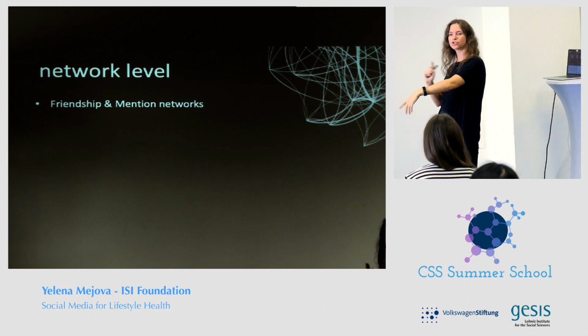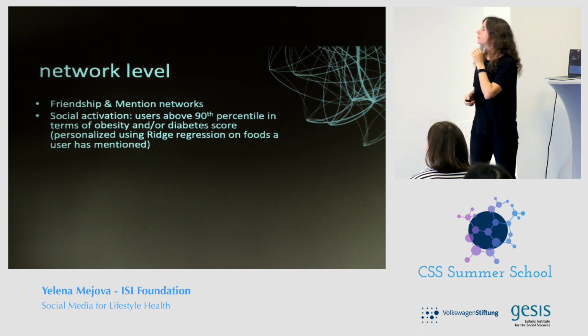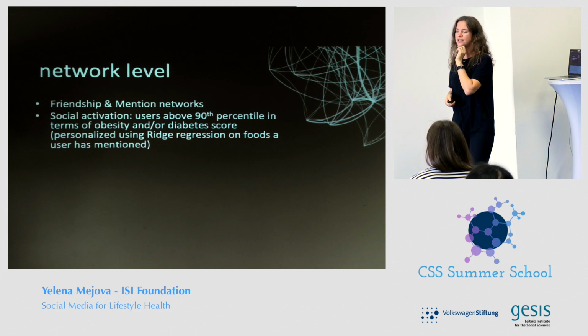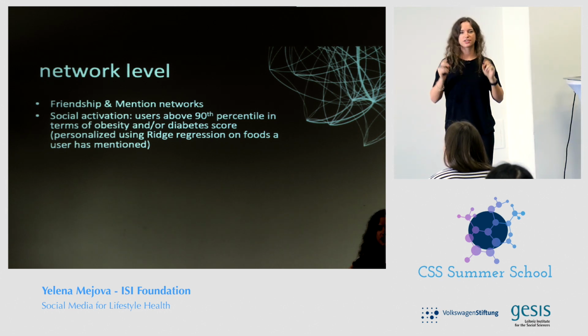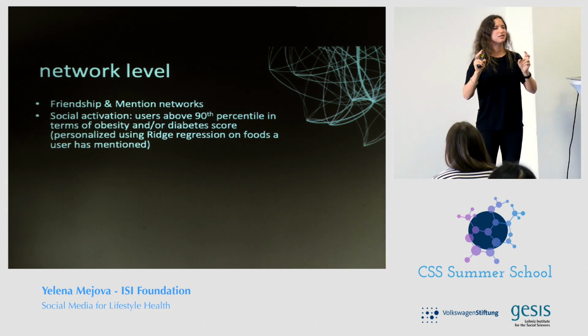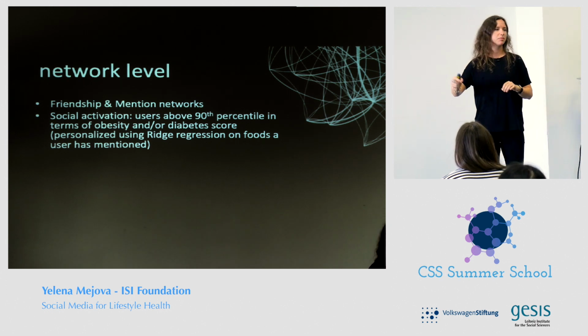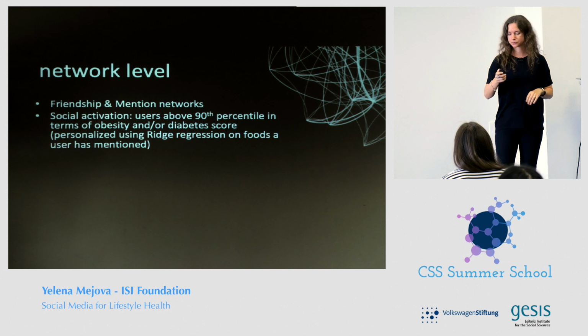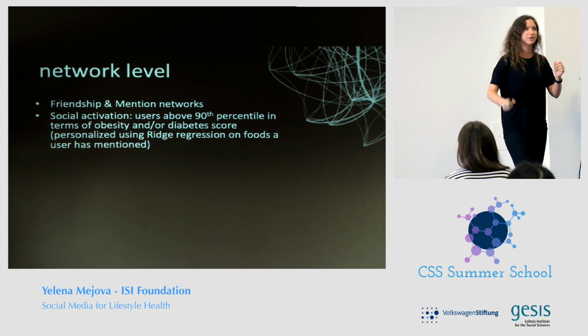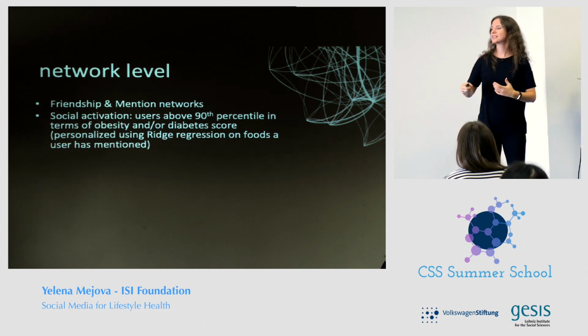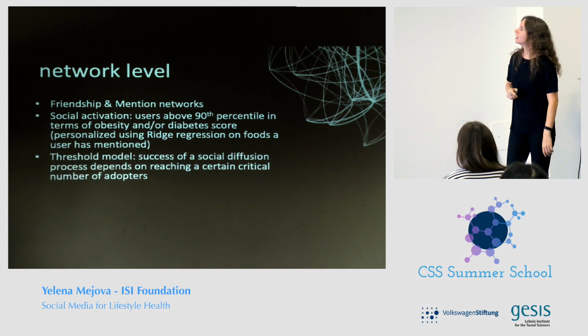Or if you're mentioning each other, there's a link. And what we want to see is whether a user is activated. Now this activation is basically this user looking like they might have a health problem. So actually you're not being active in a good way; this is a bad thing if you're active.